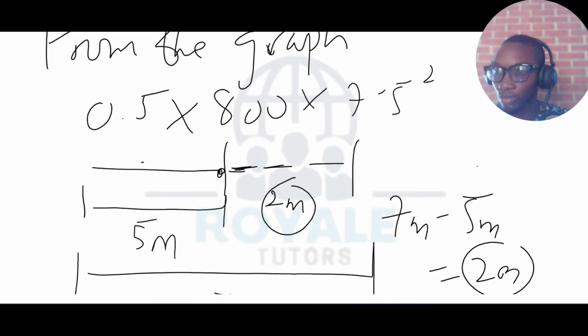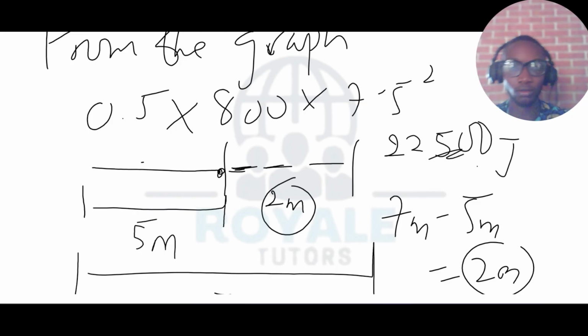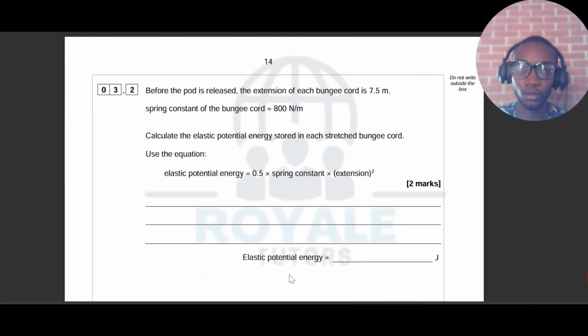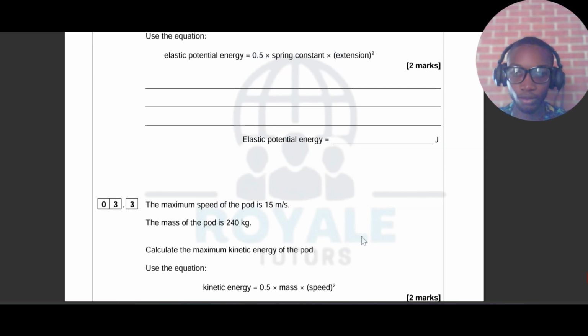So I'm just going to quickly press that in my calculator: 0.5 times 800 times 7.5 times 7.5. This gives me 22,500 joules. So it's as simple as that, 22,500 joules.